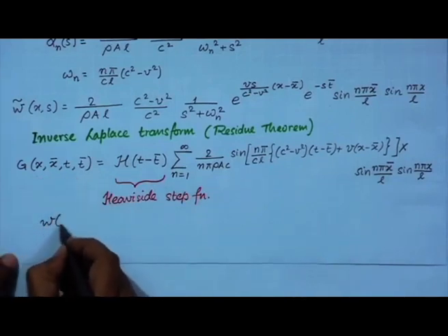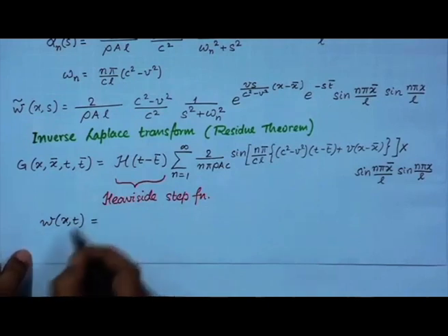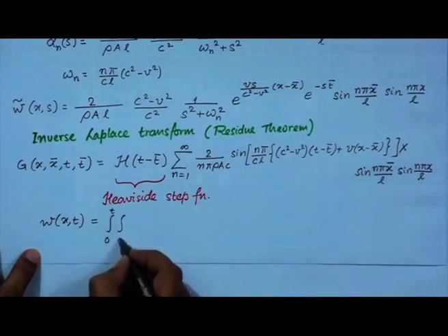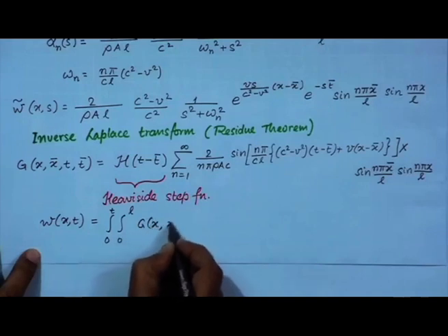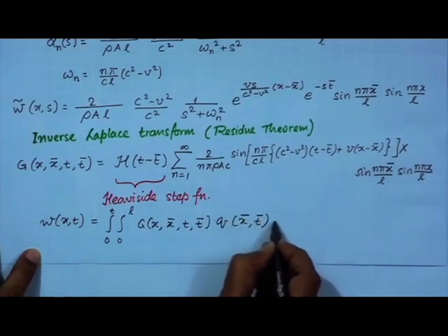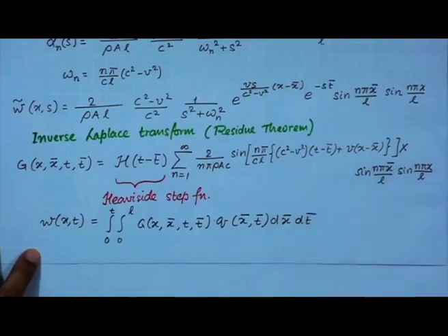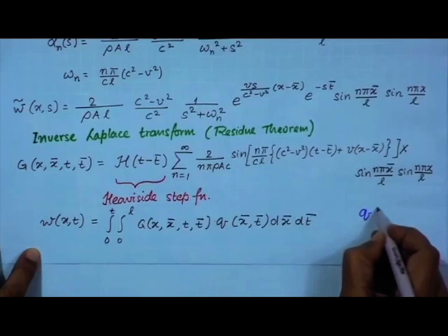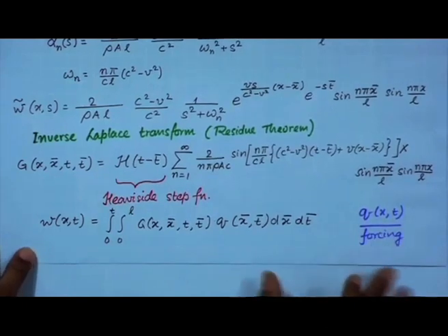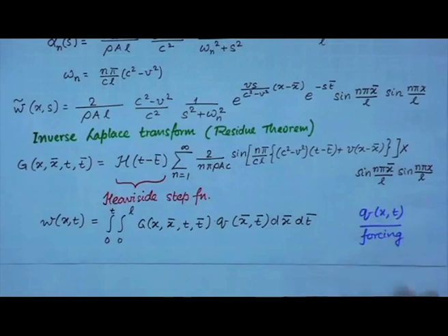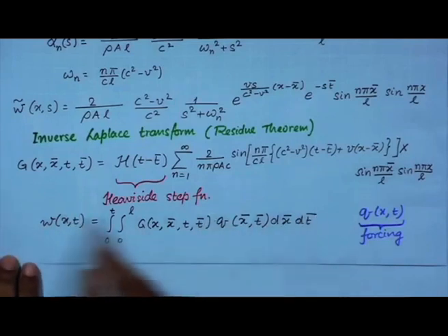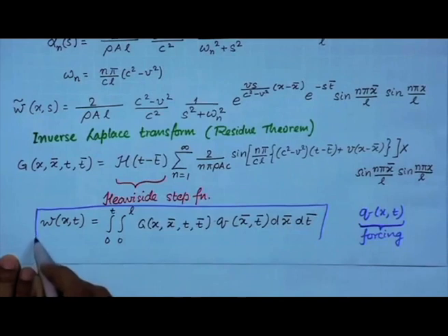And finally, for any arbitrary forcing q(x, t) on the right hand side of the equation of the travelling string, you can find out the response of the travelling string using this integral.